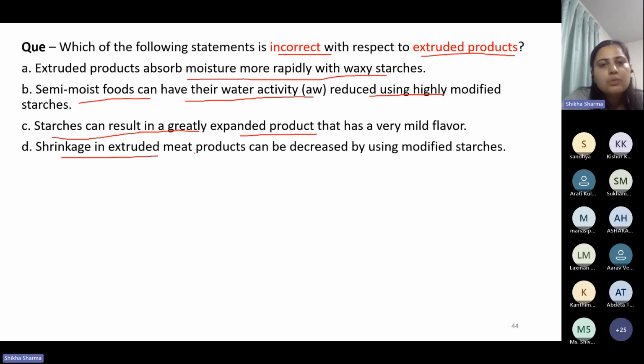Shrinkage in extruded meat products can be decreased by using modified starches. So we need to tell the incorrect statement. A, we get the answer A.